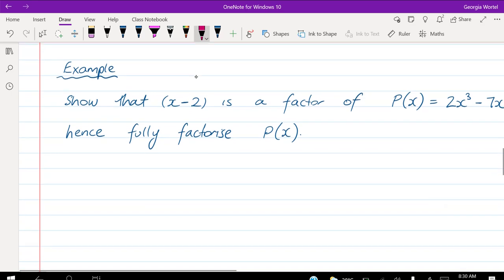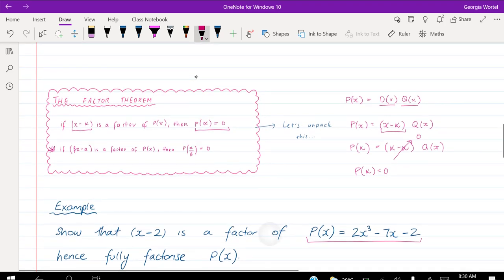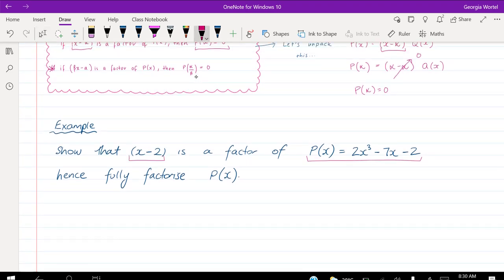Okay, let's have a look at an example. So we want to show that x minus 2 is a factor of this polynomial here, and then hence fully factorize p of x. But the first bit, showing that x minus 2 is a factor. Our factor theorem states, if x minus alpha is a factor, then when we sub alpha in, we should get 0. X minus 2 is written in that same format, x minus alpha.